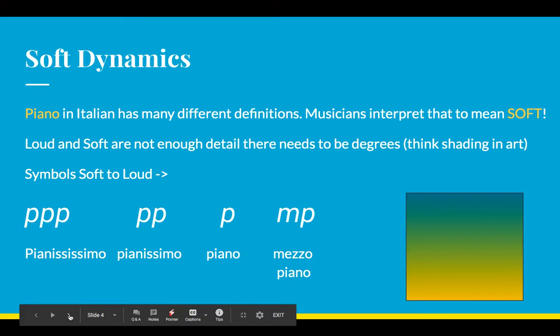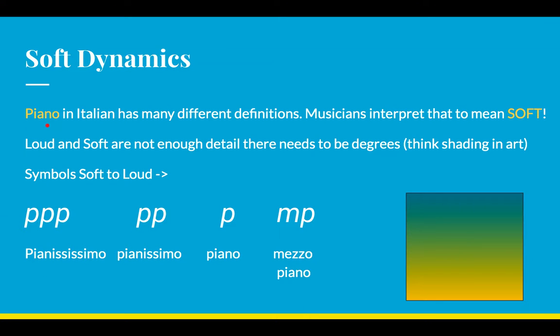Okay. Now, the same thing happens with the soft side. Piano in Italian has many different definitions. It's kind of crazy how many there are. In music, we interpret it to mean soft. Now, these are the symbols in order from softest to loudest. You're going to notice the piano is a little bit further over. And we have mezzo piano above it.